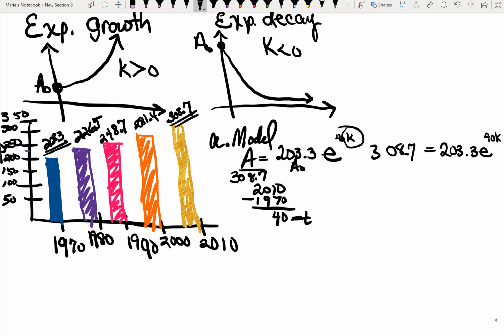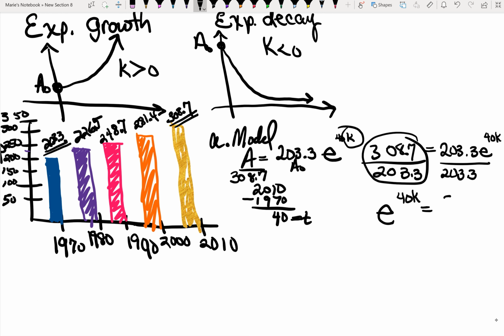We now need to find K. And step 1 would be obviously to divide by 203.3 on both sides. Okay, and so at this stage we have e to the 40k is equal to all of this, which is basically 308.7 divided by 203.3.